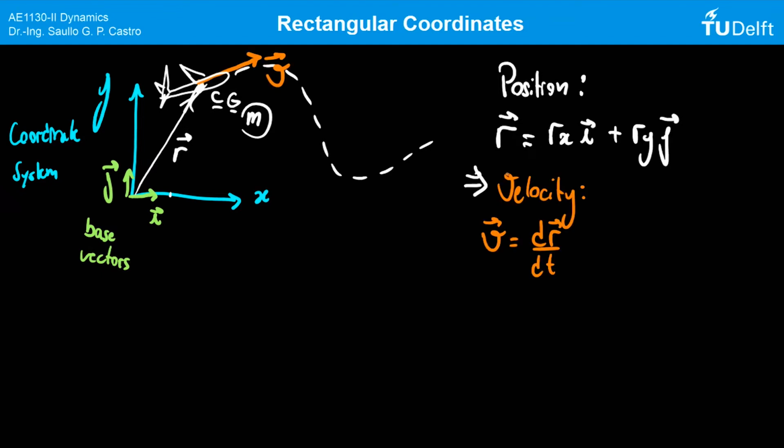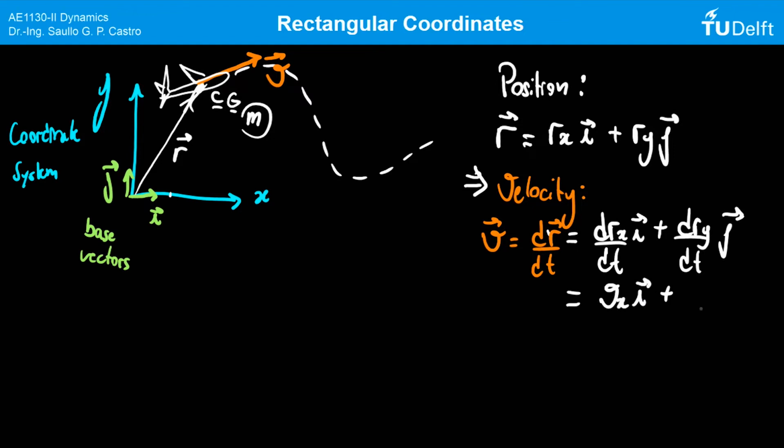The velocity vector is shown here and can be described as the rate of change of the position vector with time, which I will simply call Vx of i plus Vy of j.